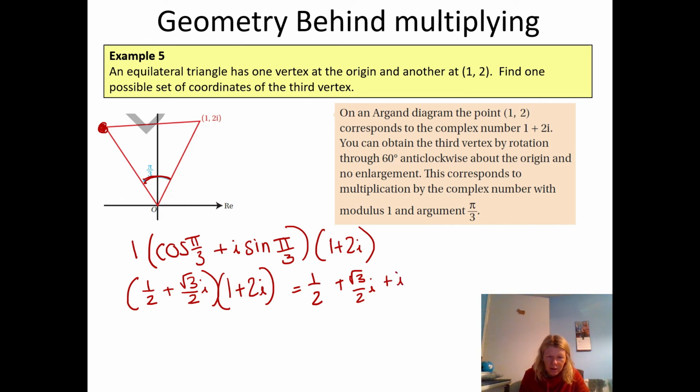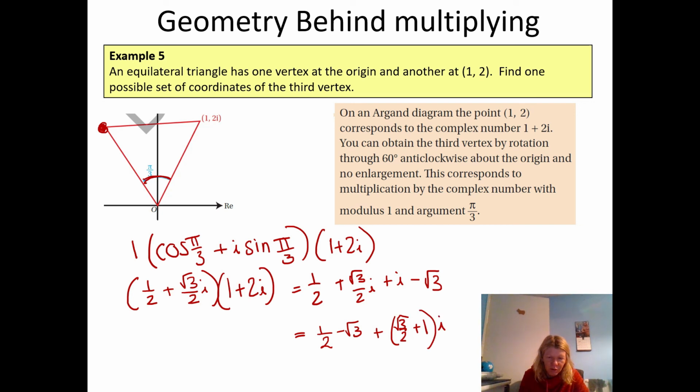And then these two times together just gives me minus root 3. Group real and imaginaries. It's not very nice, is it? And then we put the imaginary bits together, plus root 3 over 2 plus 1 i.